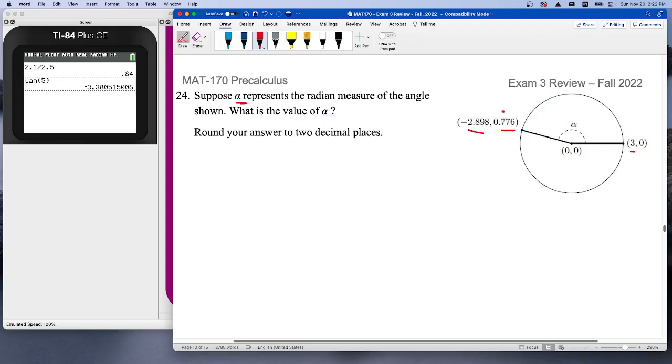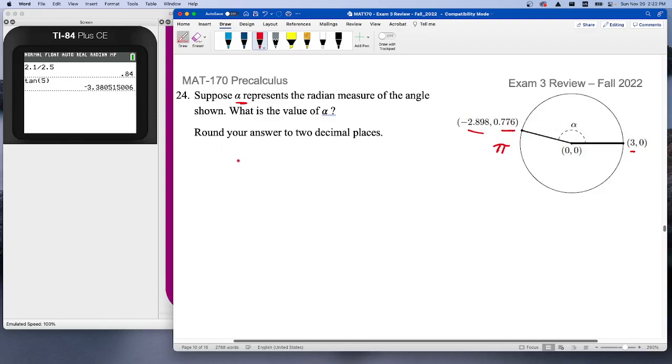We could use inverse sine, but inverse sine goes from negative pi over 2 to pi over 2. So we'd have to do some funky stuff with the angle we found, which would be this one over here, and then take that and do stuff with it. So since our angle is going to be somewhere between 0 and pi, let's use the cosine.